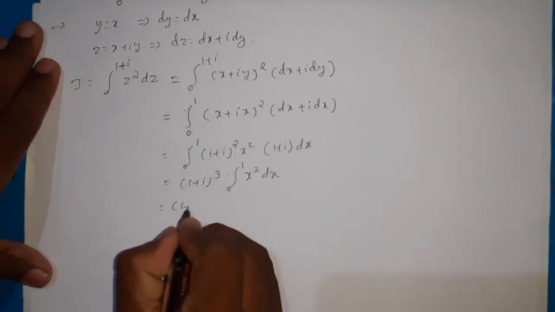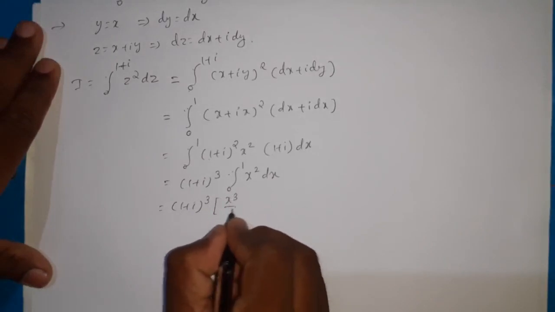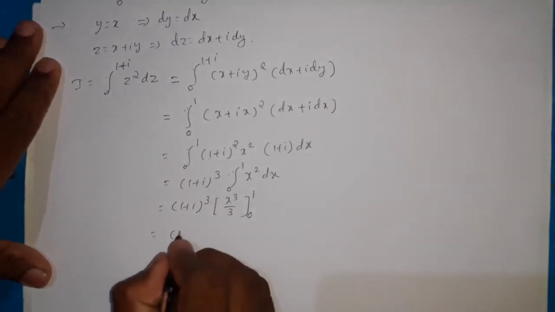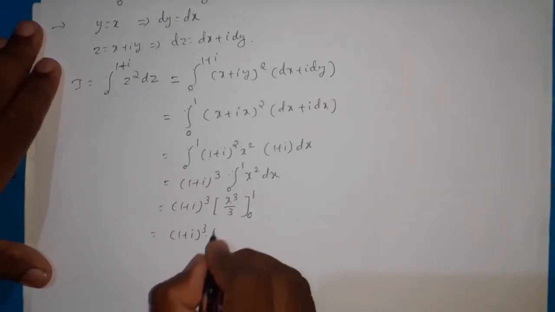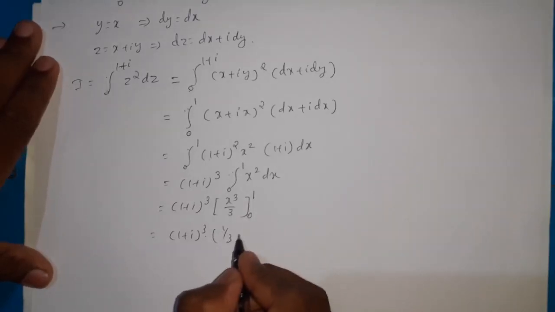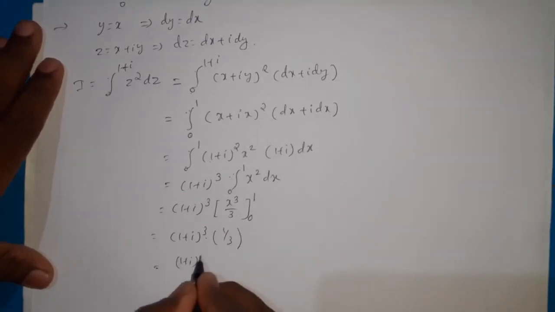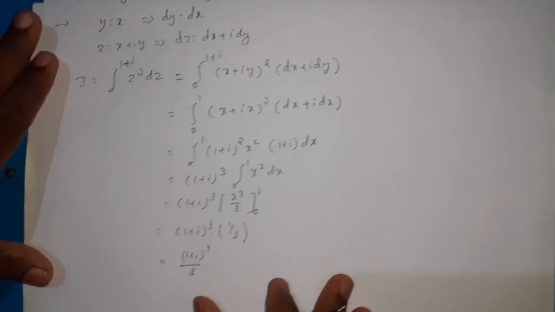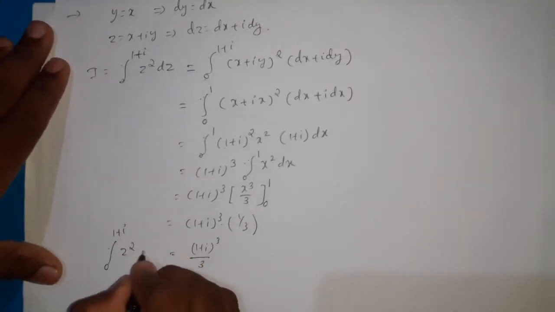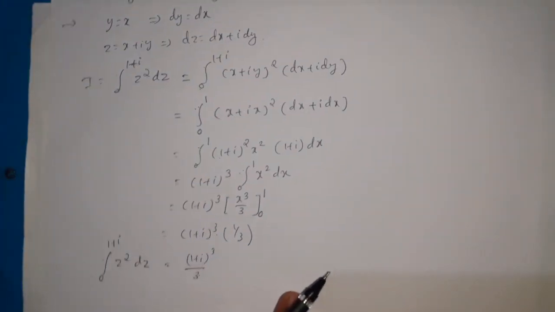Then it is equal to (1 plus i) whole cube times the integration of x square, which is x cube by 3, from 0 to 1. Then it is (1 plus i) whole cube into 1 by 3, since the upper limit is 1, minus the lower limit, which is 0. Therefore it is (1 plus i) whole cube divided by 3. So this is the value of the integral from 0 to 1 plus i of z square dz.